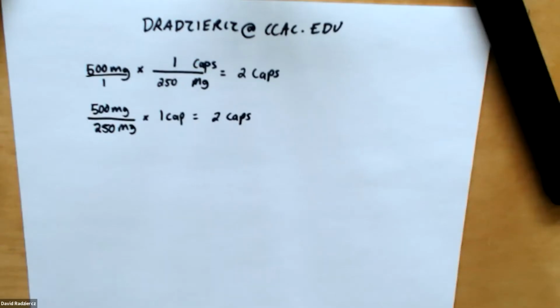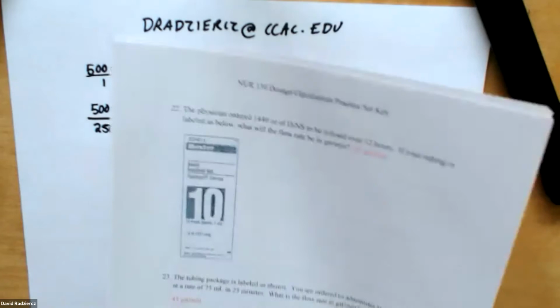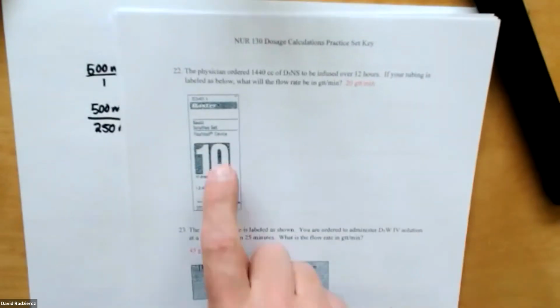No, it was the physician ordered 1440 cc's of the D5. So it might be the same question, unless there's another D5 question. There's multiple. Okay, thank you. So 10 is drops. Yep, this question here? Yes, sir. 1440 cc's. Okay. Yes, sir. So we'll do that one.